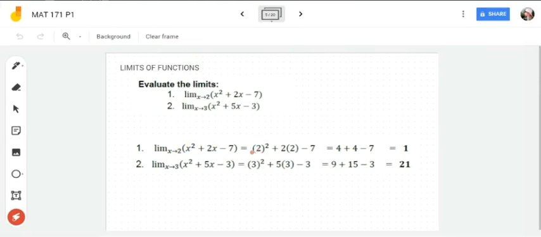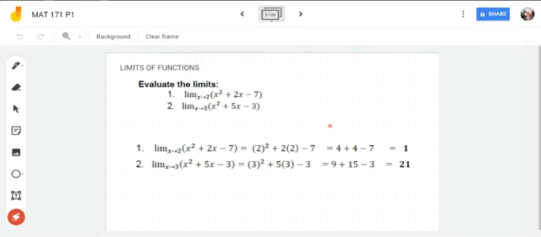So that will become 2 squared plus 2 times 2 minus 7. So 2 squared is equal to 4. And then 2 times 2 is also equal to 4, minus 7. And then 4 plus 4 minus 7 will be equal to 1. Therefore, the limit of x squared plus 2x minus 7 as x approaches 2 is equal to 1.